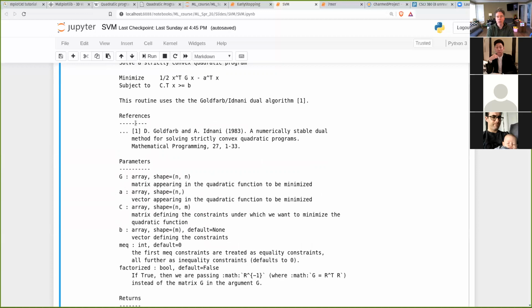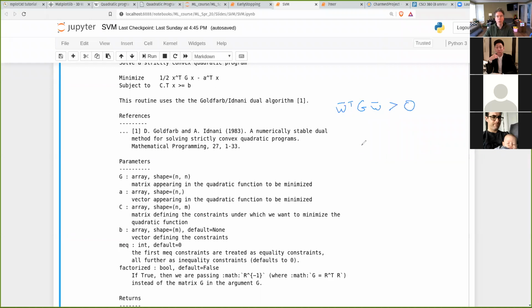It says that it's based on a numerically stable dual method for solving strictly convex quadratic programs. I didn't know what strictly convex meant, I guess, so let me explain that. Strictly convex means that W^T G W is strictly greater than 0.